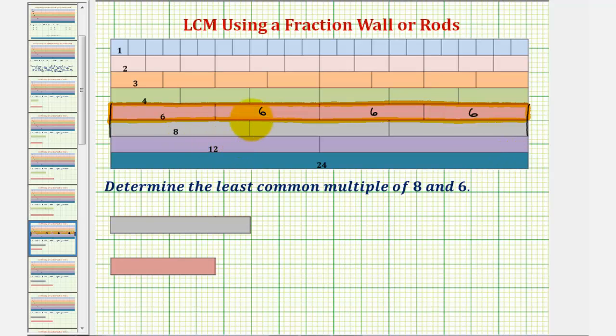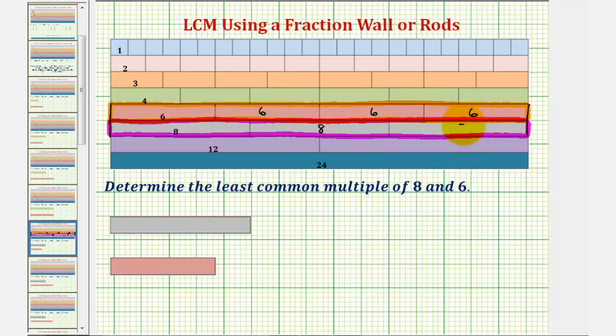And now looking at the 8 rods, notice how it would take 1, 2, 3 8 rods to form the train of the same length. Again, this is the shortest train where forming a train using 6 rods and 8 rods would have the same length.